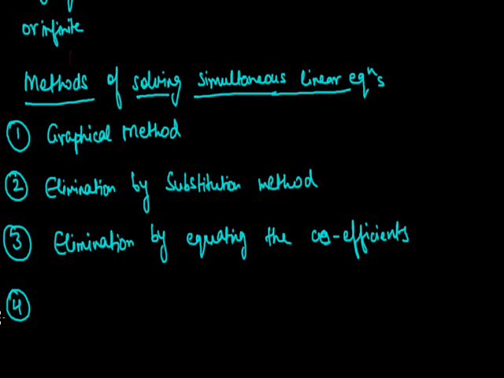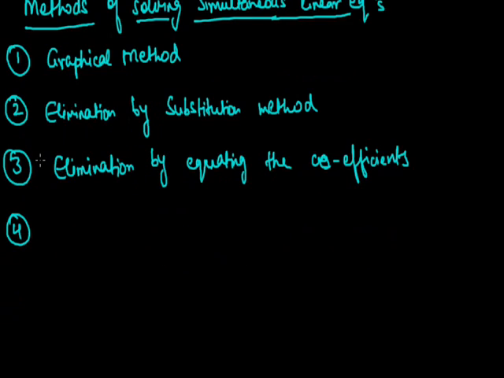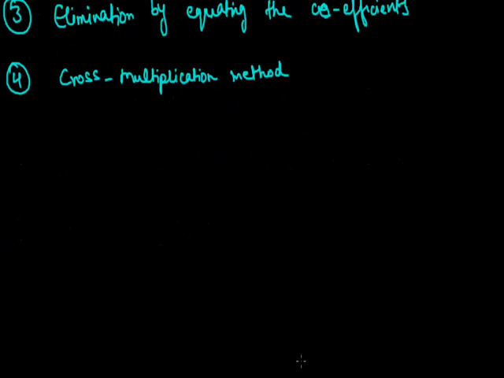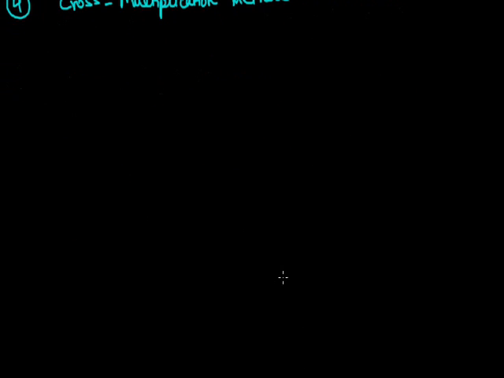Equating the coefficient means that we need to make the coefficients equal. And the last method is the cross multiplication method. One by one we'll discuss all these methods, and accordingly we'll see how to get the solution of the linear equations by each method.